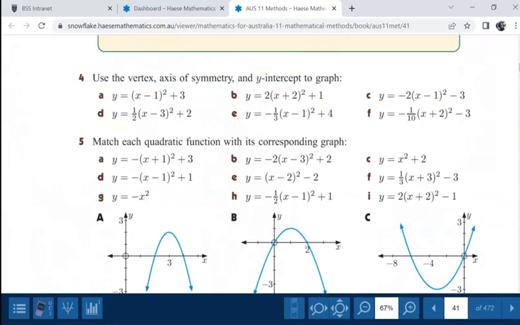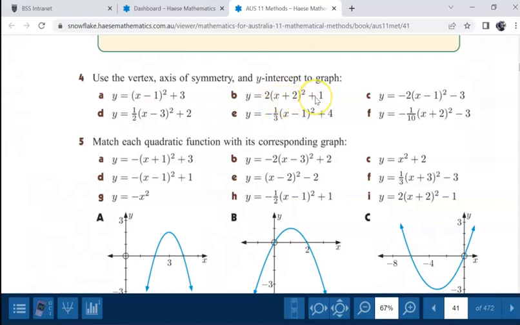Use the vertex, axis of symmetry. That's beautiful. So when it's in this form, remember we talked about this? Who can tell me what the vertex is just by looking? It's 1, 3. What's the vertex for this one?